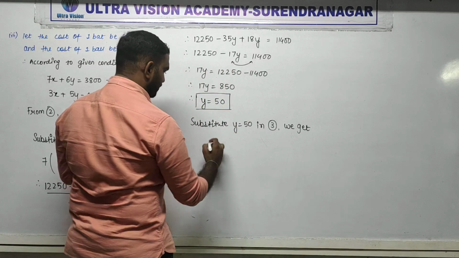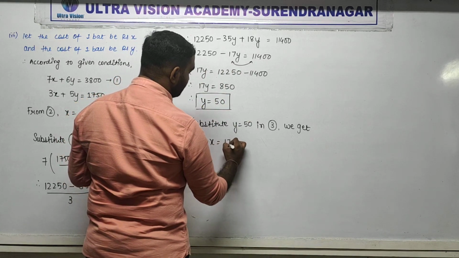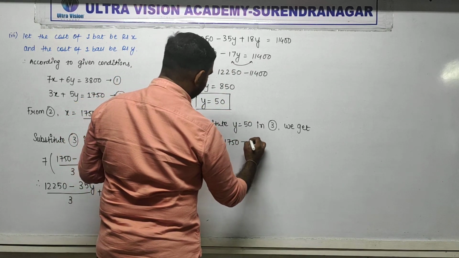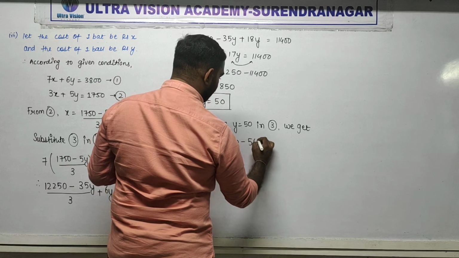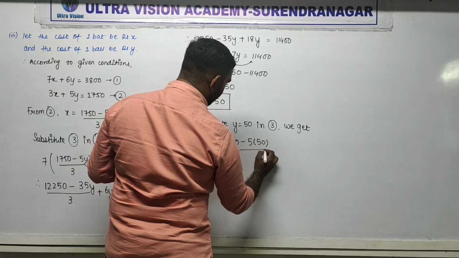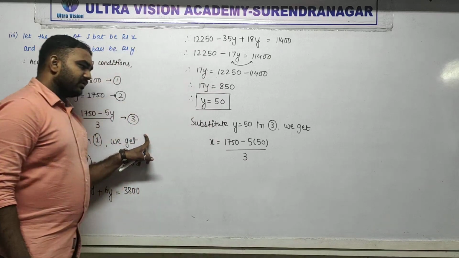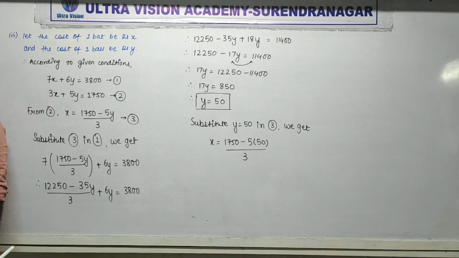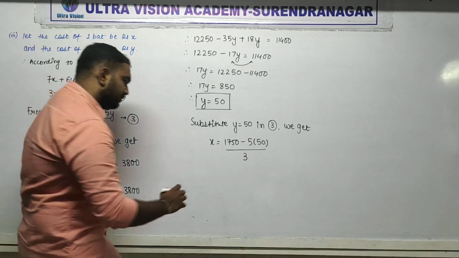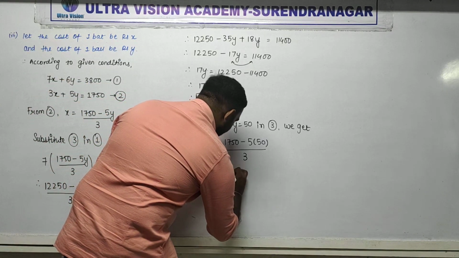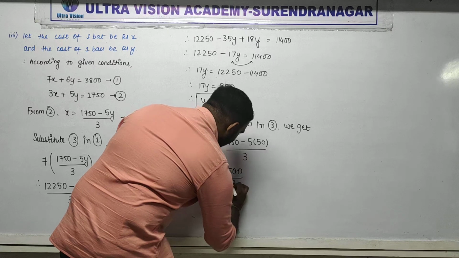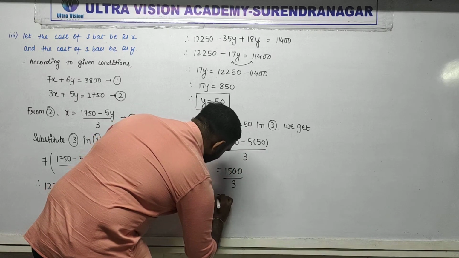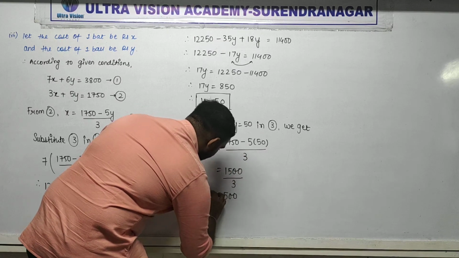We get x equals 1750 minus 5 into 50 upon 3. What is 5 into 50? 250. 1750 minus 250 is 1500. That is 1500 upon 3, and hence I get x equals 500.